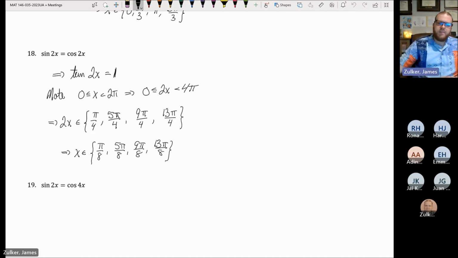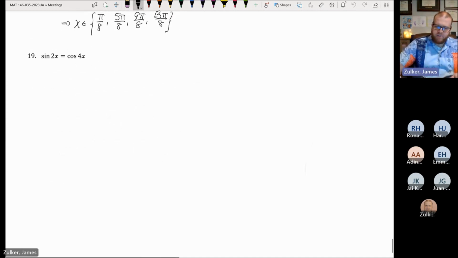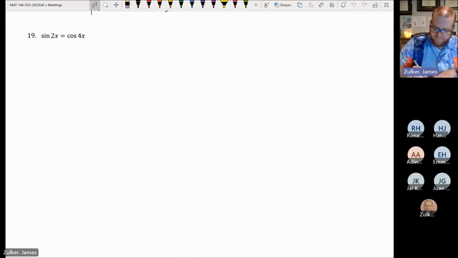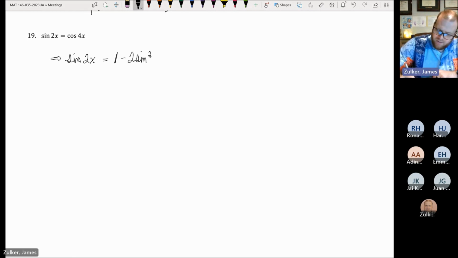Sine of 2x equals cosine of 4x. We're going to use the double angle identity on cosine, and we're going to use the one for 1 minus 2 sine squared, because we have a sine of 2x already.